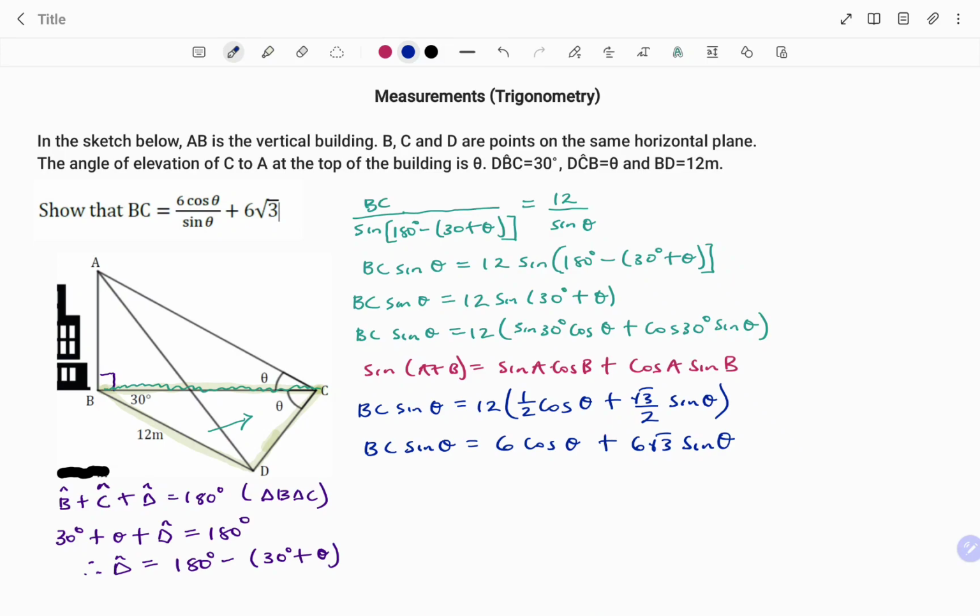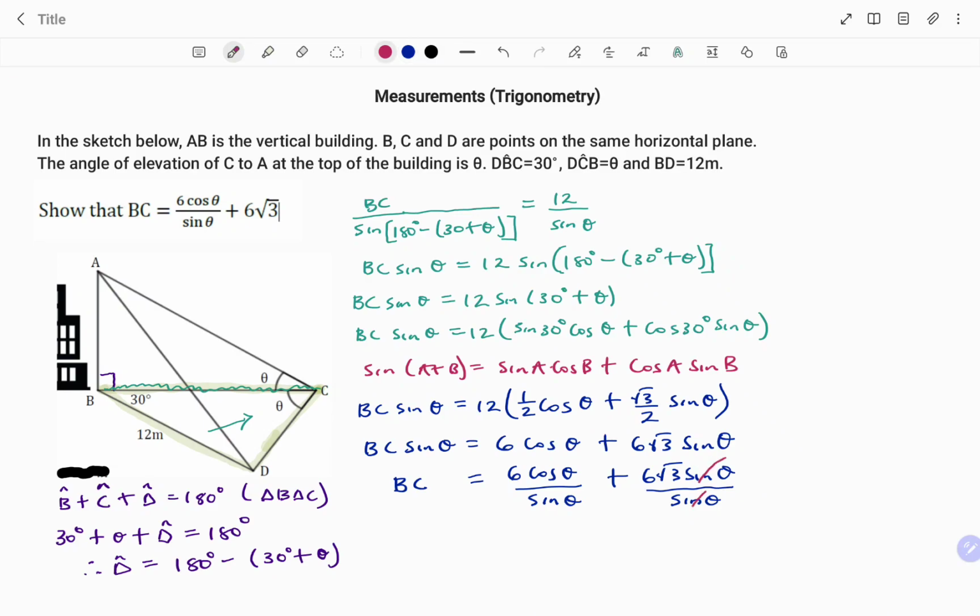Now I'm going to divide each of the terms by sine theta to have my BC on my left hand side. So therefore the value of my BC equals 6 cos theta over sine theta plus 6 root 3 sine theta over sine theta.